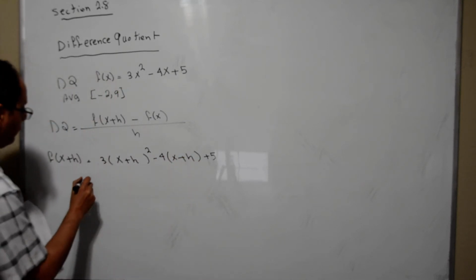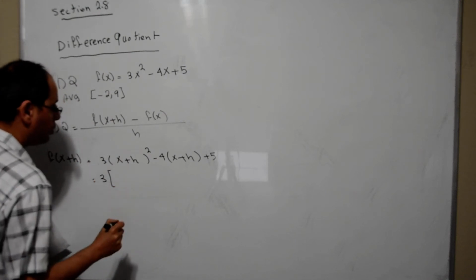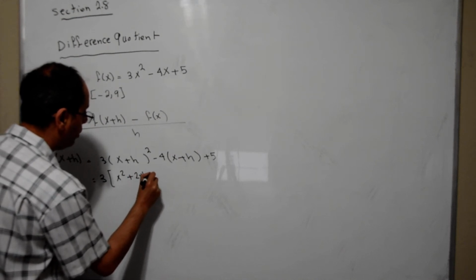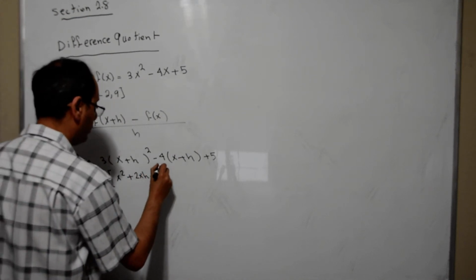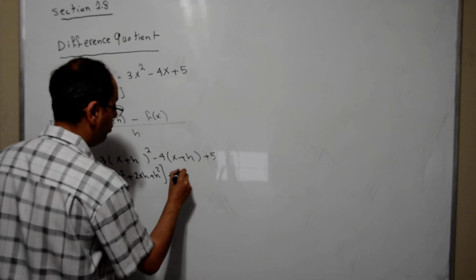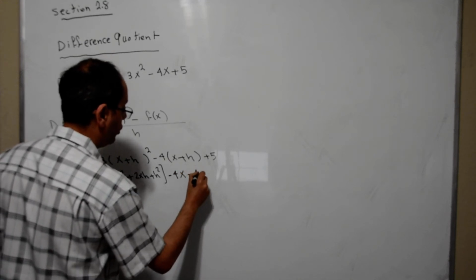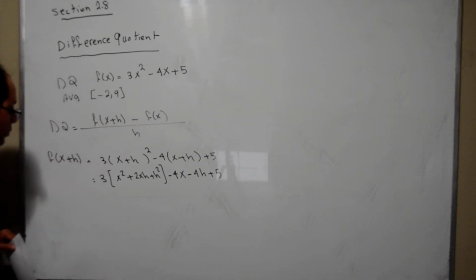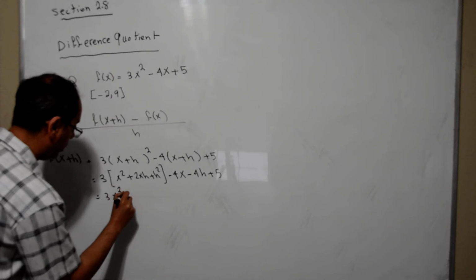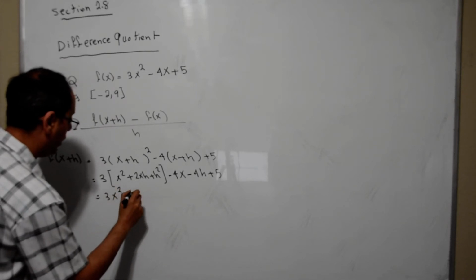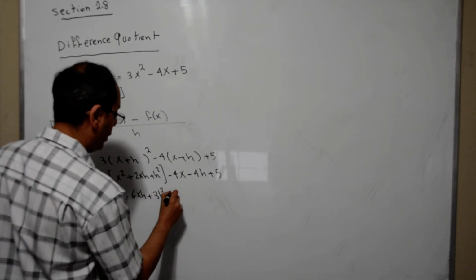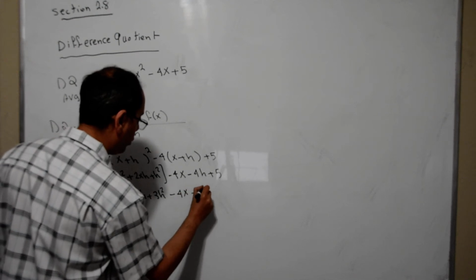Now we simplify, so I have 3 times x squared plus 2xh plus h squared, minus, I distribute -4, so -4x, -4h plus 5. Again I'm going to distribute the 3, so I have 3x squared plus 3 times 2xh is 6xh plus 3h squared minus 4x minus 4h plus 5.